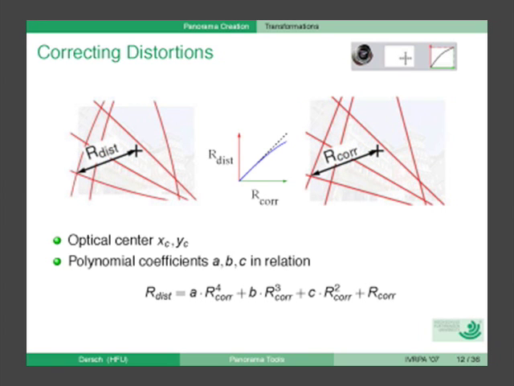Those are the straight lines in the distorted and in the corrected image shown to the right. This error is corrected by radially shifting each pixel by an amount determined by this lens-specific correction curve. We describe this curve by a polynomial, and the coefficients of this polynomial constitute the second set of correction parameters.